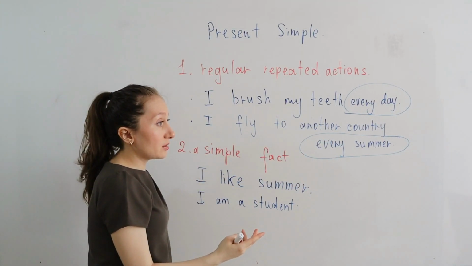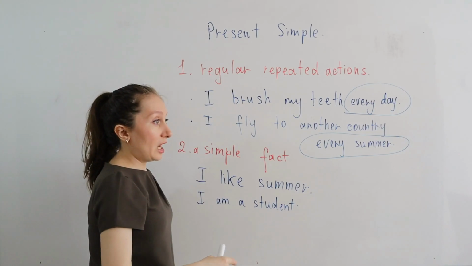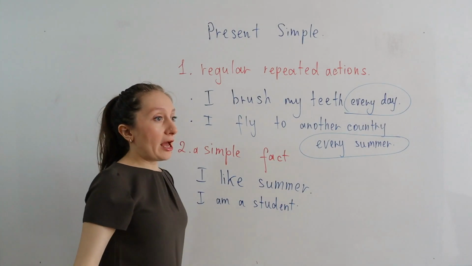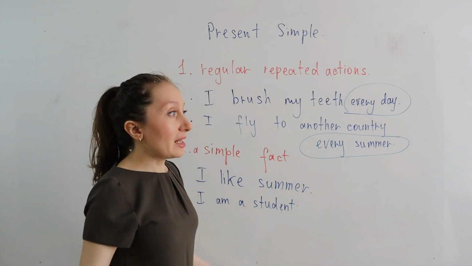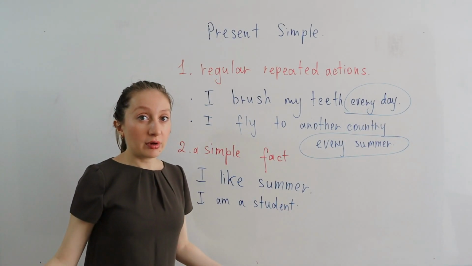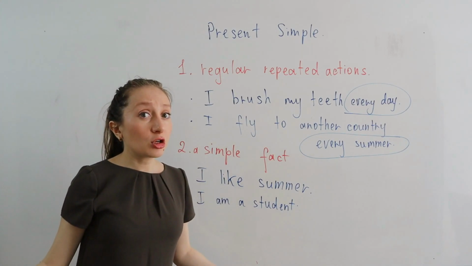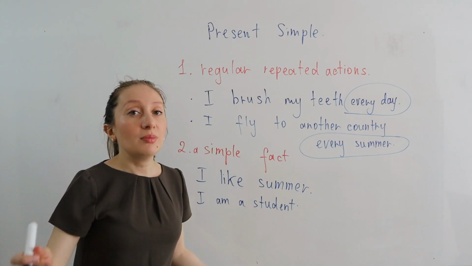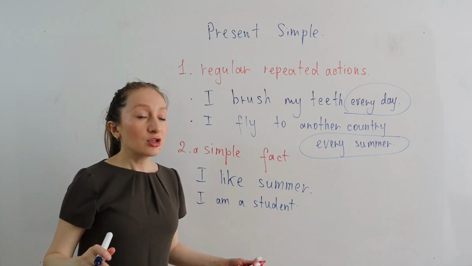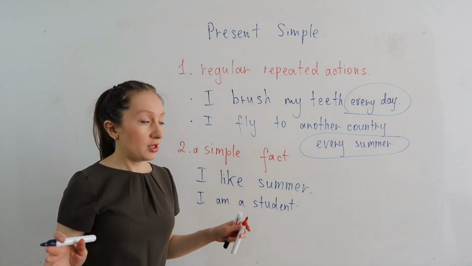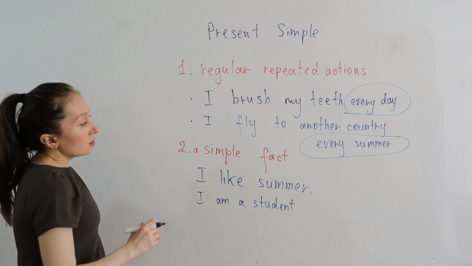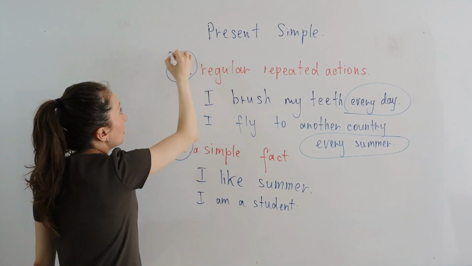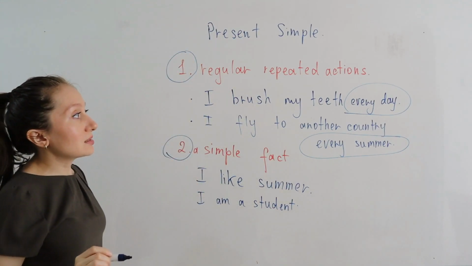So I'm a student. I'm not a teacher. I'm a doctor. I'm a manager. Or I have 2 kids. I live in New York, right? So my favorite color is green. You give some information about yourself, right? So you don't talk about any action here. That is all. So for this state, you remember these 2 cases when we use present simple.